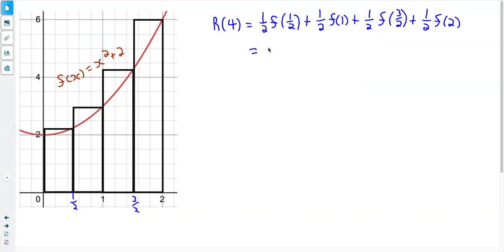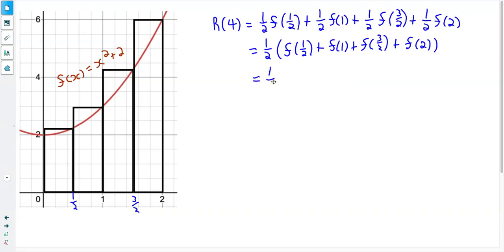Now, once again, we can factor that 1/2 out. So we've got 1/2 times f of 1/2 plus f at 1 plus f at 3/2 plus f at 2. Now, once again, we would just substitute these x values into our equation.